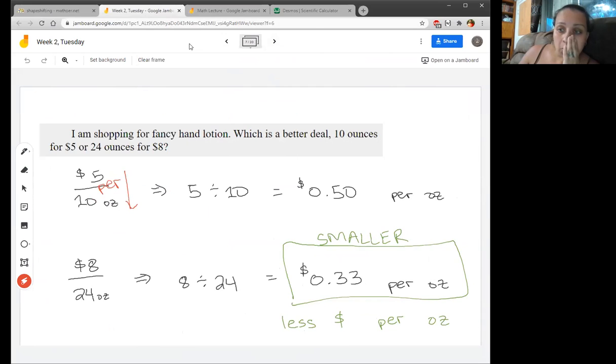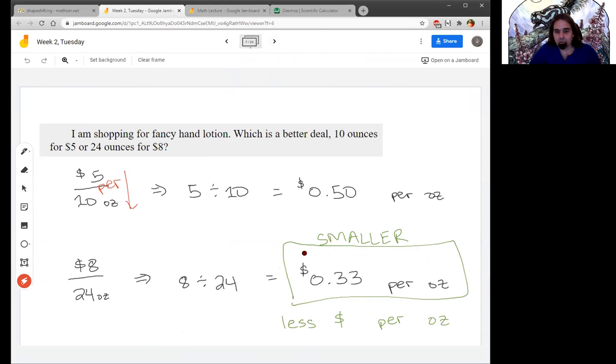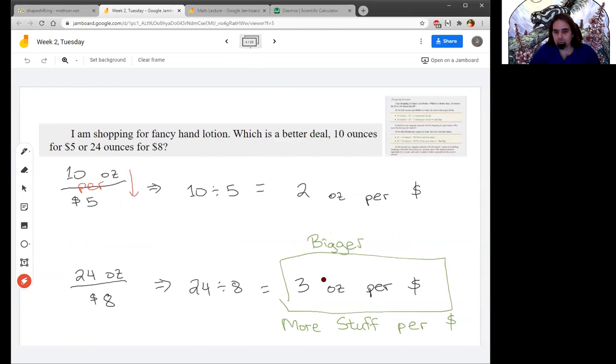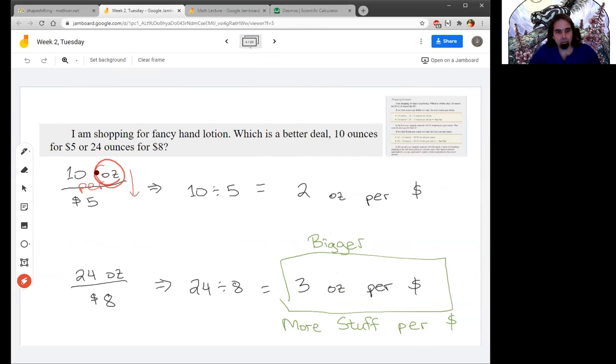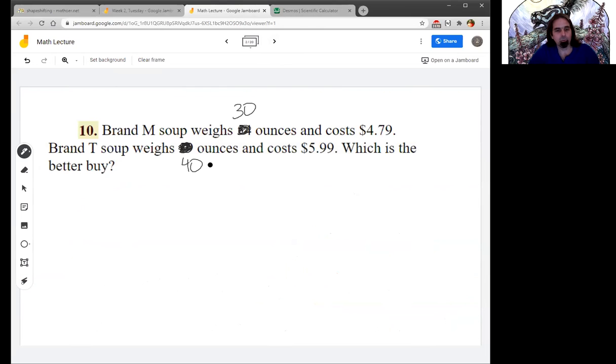Neither. It works either way. When you're saying which is the better deal, does it make more sense to look for a smaller dollar amount or a bigger item amount? Bigger item amount. Okay, so we'll do it with the amount divided by the money. And if you don't like it after all, then we will just do it the other way too.